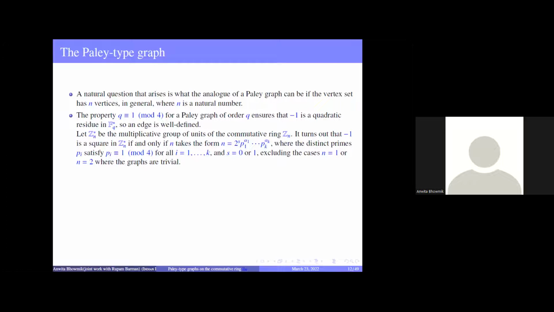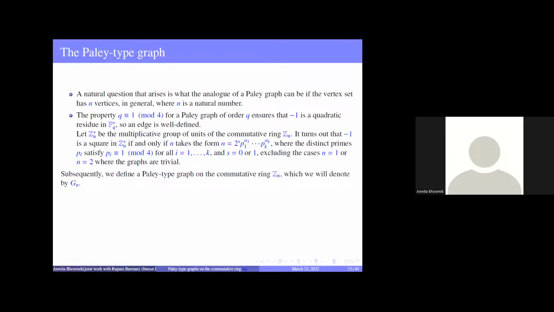Here, instead of just omitting 0, we consider the set of units, Z_n star. Now we see when an edge is well defined. We see that -1 is a square if and only if n takes the form n = 2^s p_1^(alpha_1) ... p_k^(alpha_k), where the p_i's are primes congruent to 1 mod 4 and s is either 0 or 1. We exclude the cases n equal to 1 or 2 because in these cases the graphs are trivial.